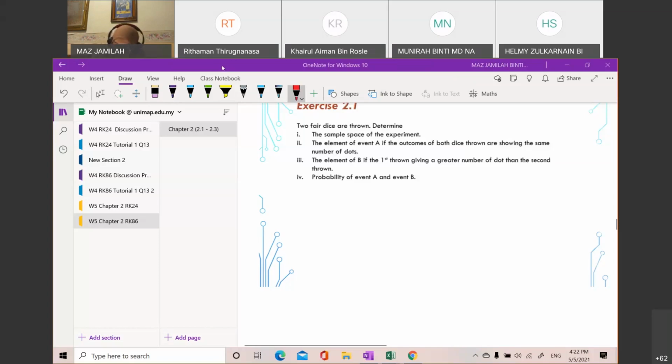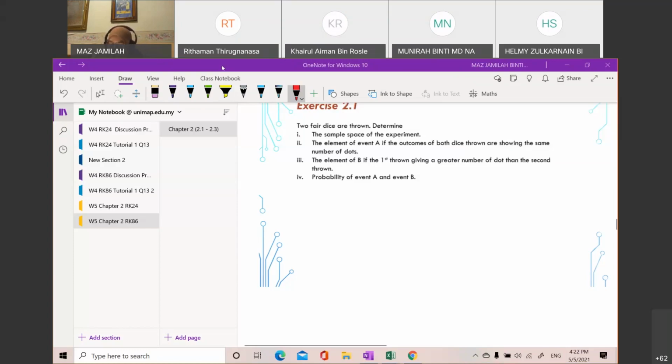The same goes if you got 2 dots, you will get 6 more possibilities for the second die. The same goes for number 3, 4, 5, and 6.